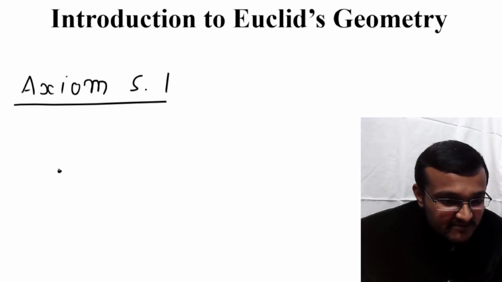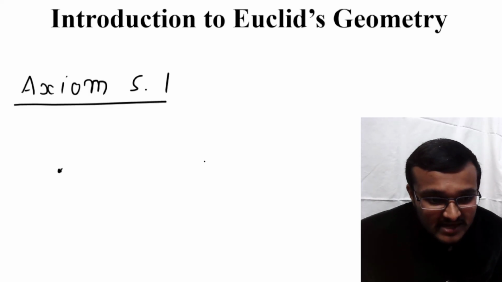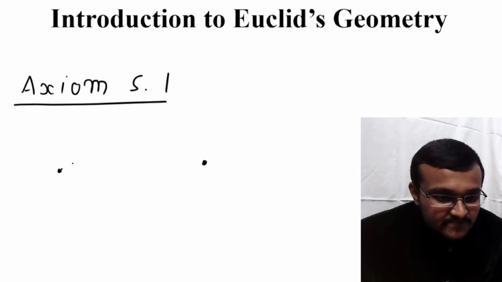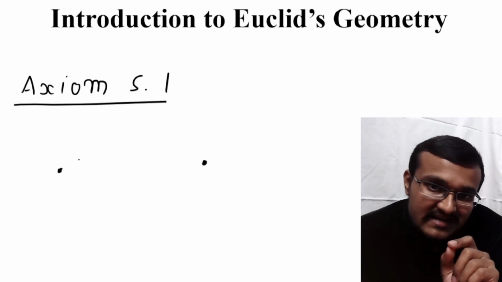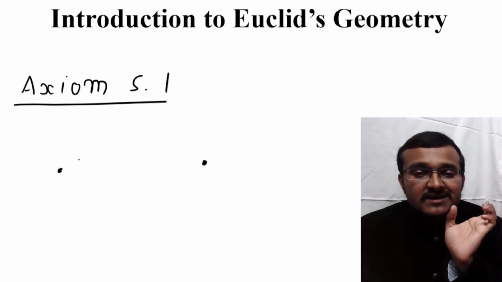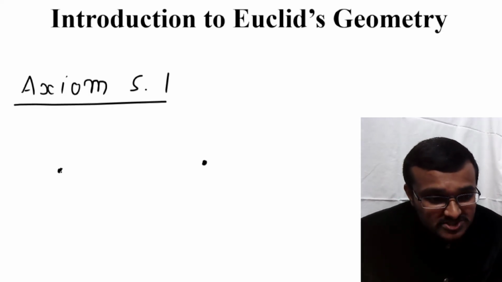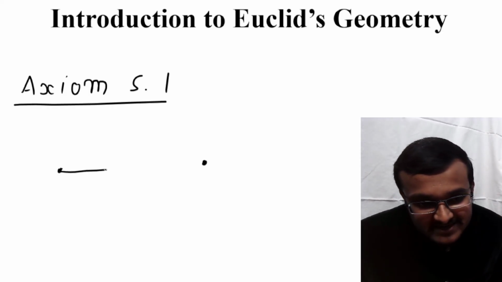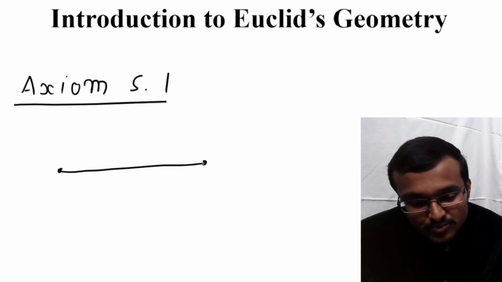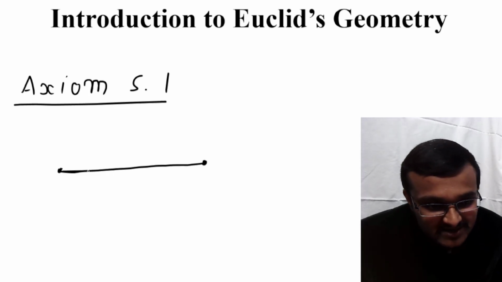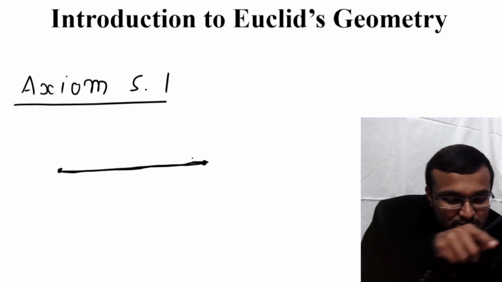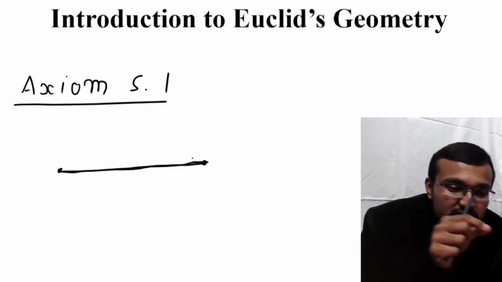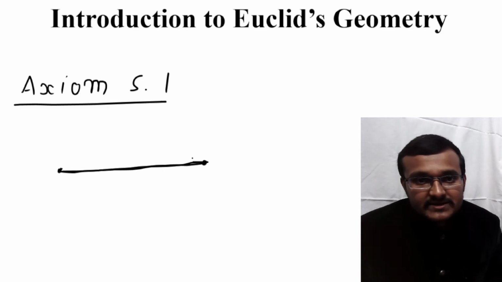For example, if I have a point here and one more point here, and I ask you to draw a straight line between these two points, then the only possible way is this particular line which I have drawn here.